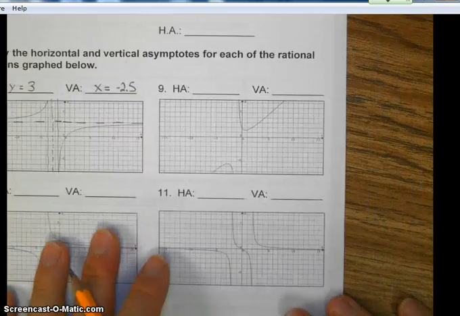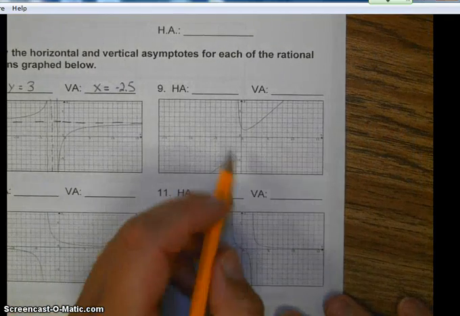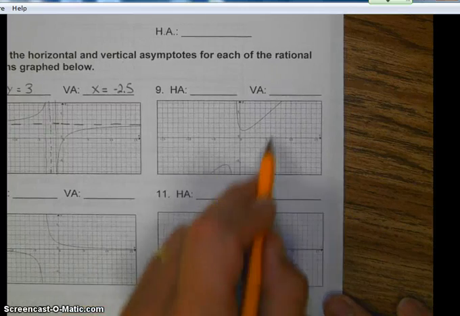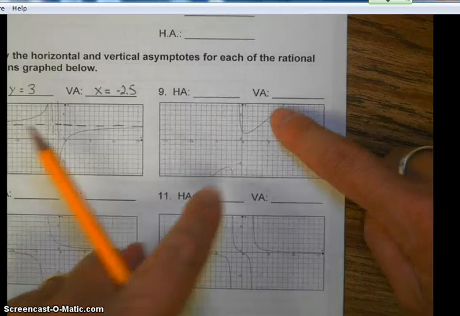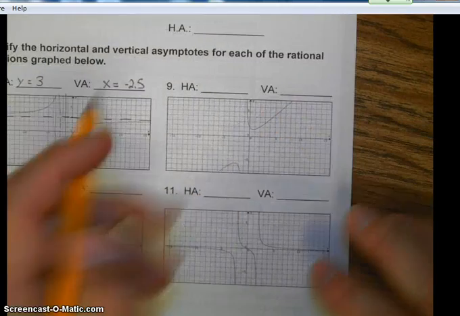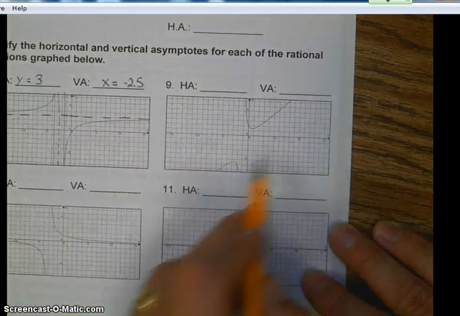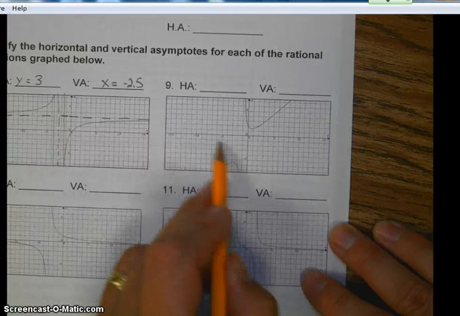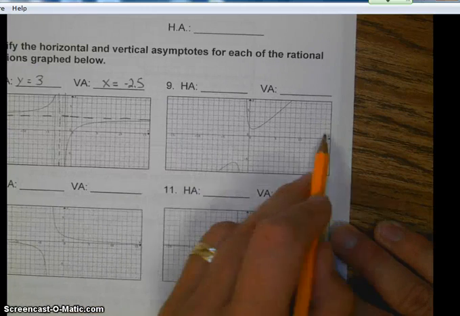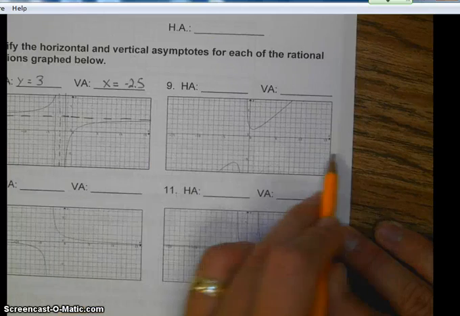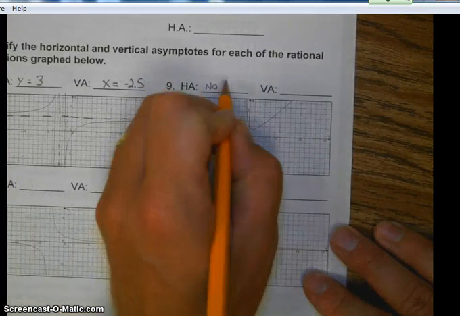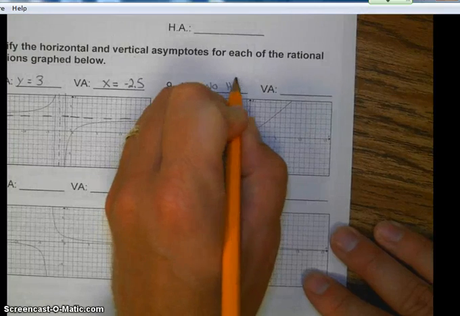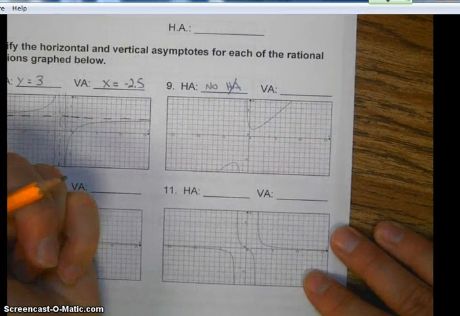Now notice on number 9, number 9 is odd because when it looks like this, notice that neither one of these parts is converging to a horizontal asymptote. There's no line to draw this way. So there is no horizontal asymptote. Okay, there's none.